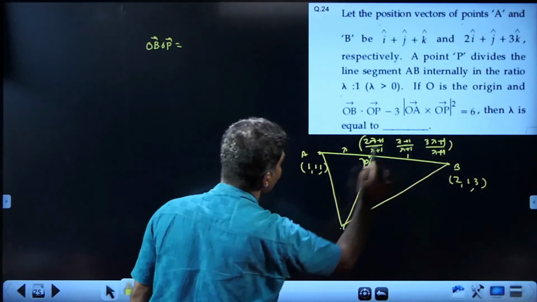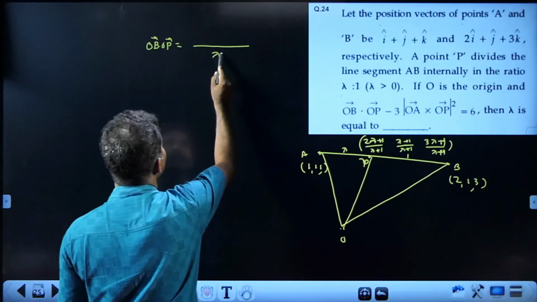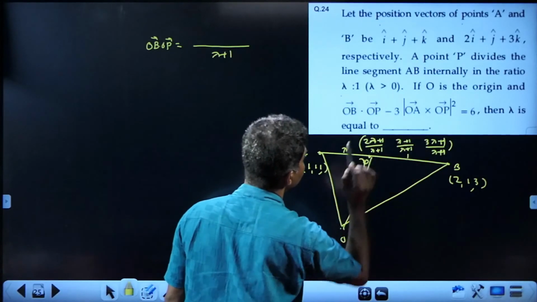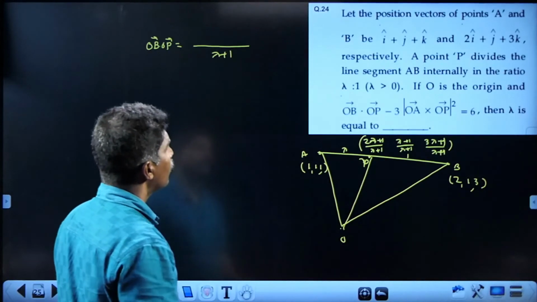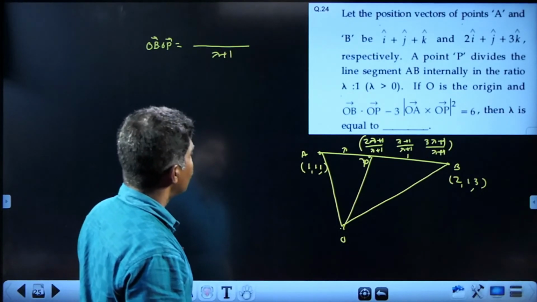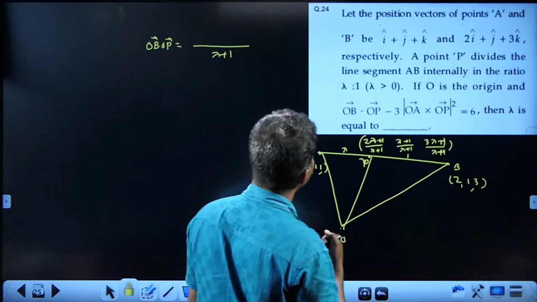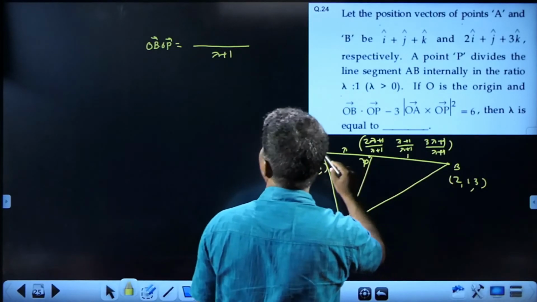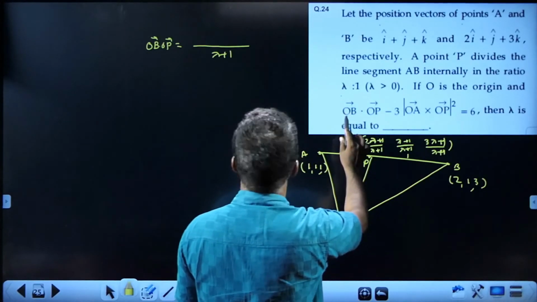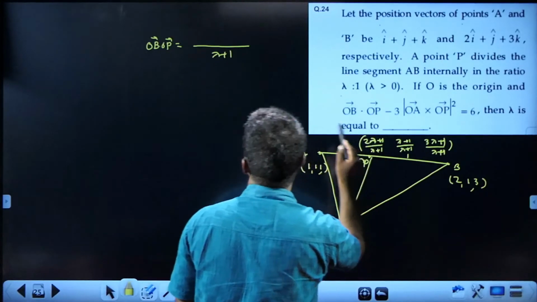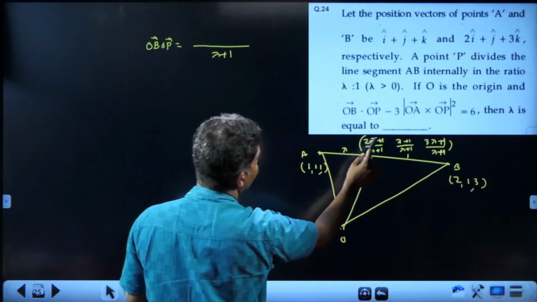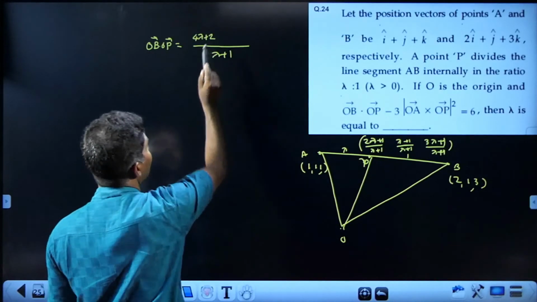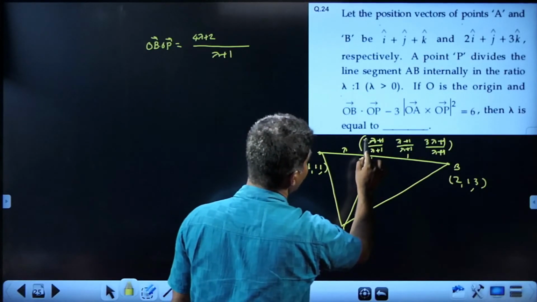Common denominator is lambda plus 1. Oh, sorry, OP is here. So you have to multiply OB dot OP. So 2 into 2, 4. 4 lambda plus 2.